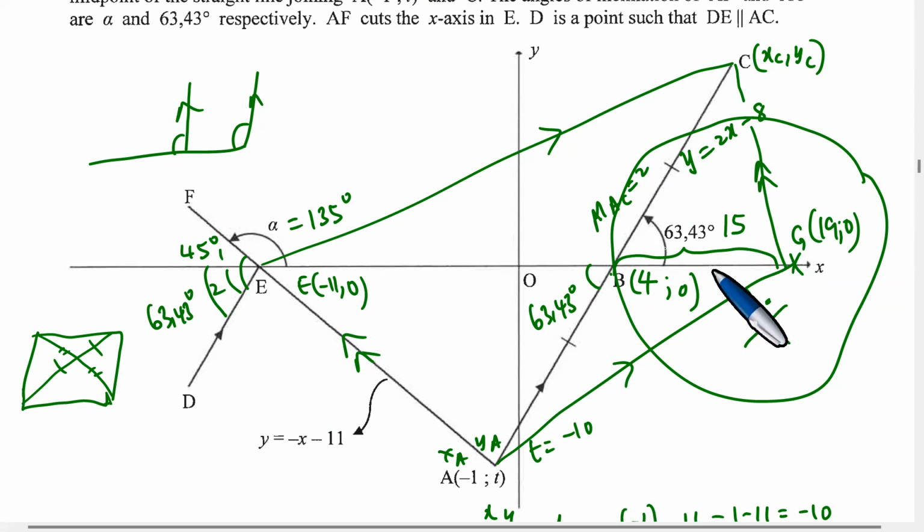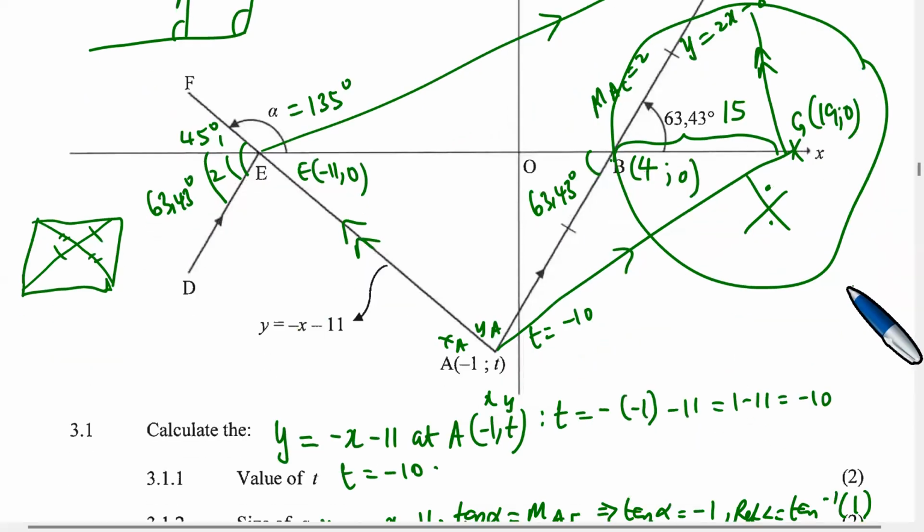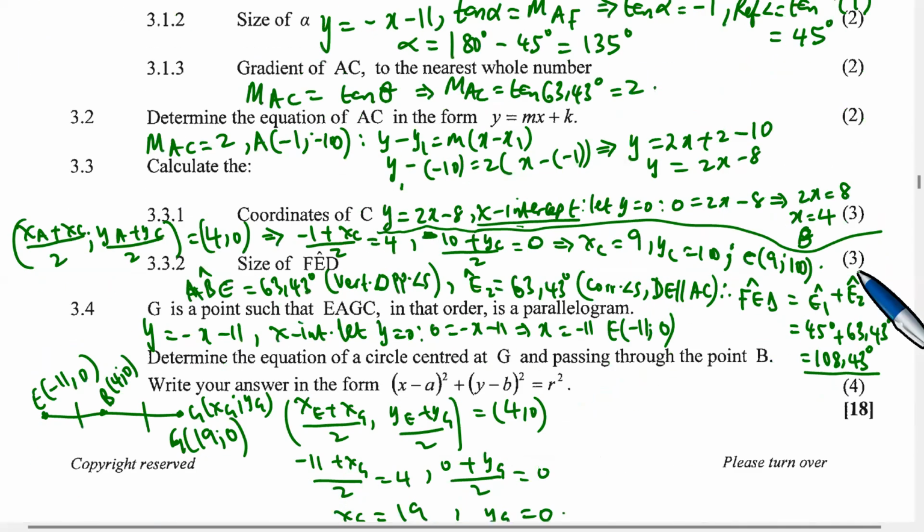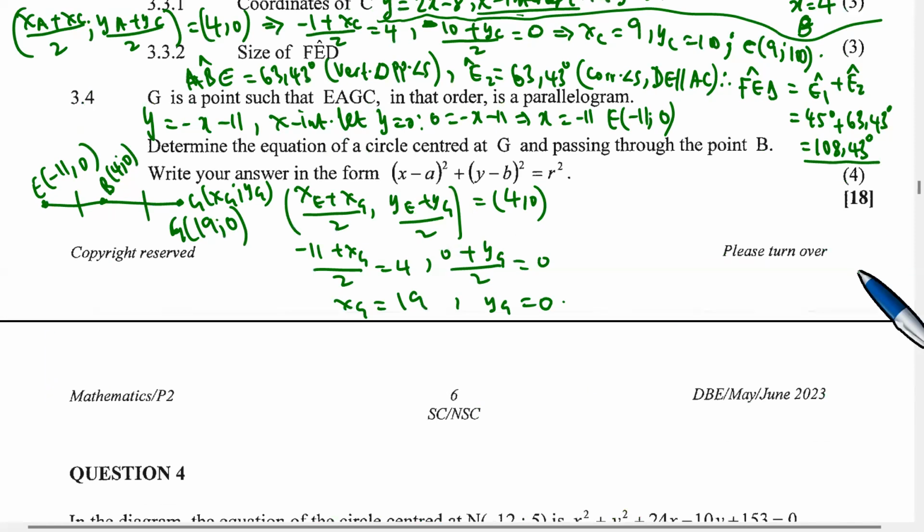That gives us the radius of the circle centered at the point G. That means that the circle centered at G, so you have G as the center with the coordinates 19 and 0, and this is the center.